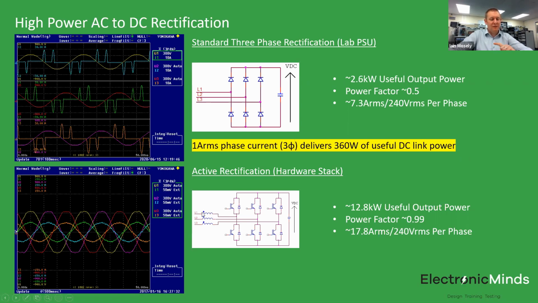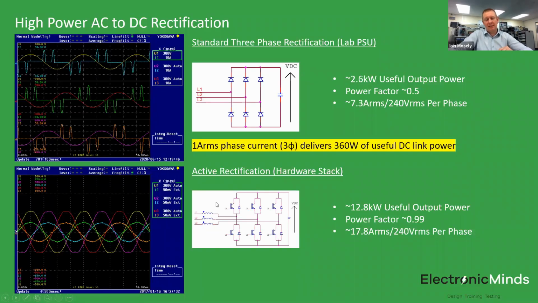Now that turns this power stage essentially into a form of a boost converter on a per phase basis. And the great thing about this particular topology is we can now control and manipulate the voltage, the effective line frequency voltage at each end of the inductor with an amplitude and a phase relationship to the input to allow us to control power factor to whatever we want it to be.